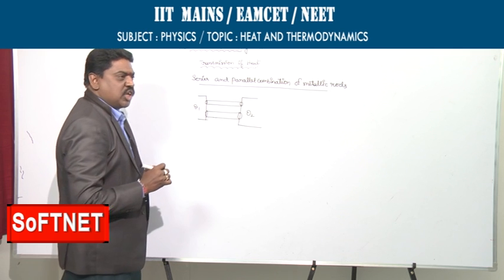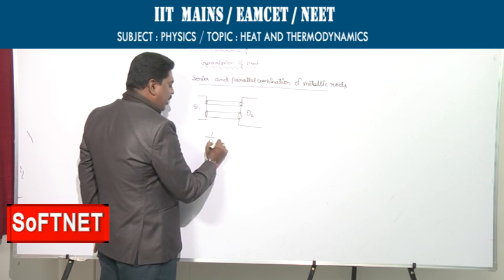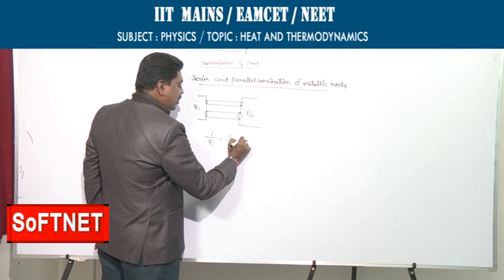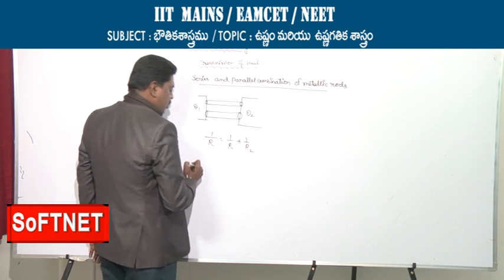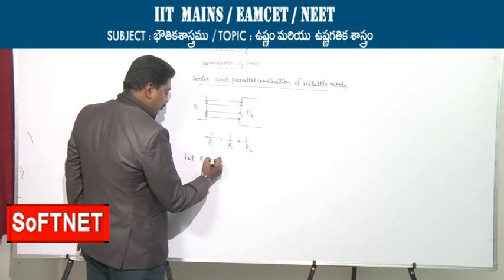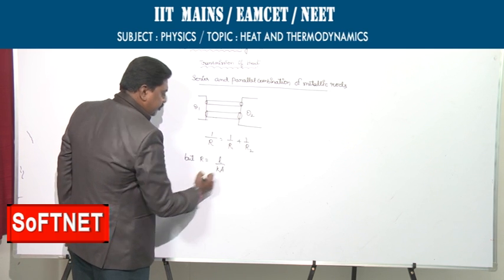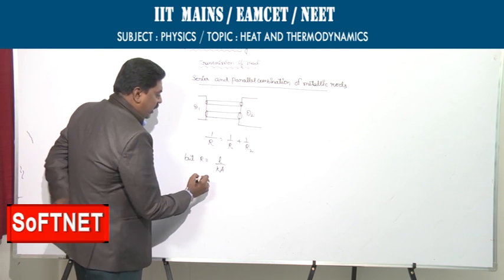In the parallel combination of rods, the effective resistance is given as 1 by R equals 1 by R1 plus 1 by R2, but R equals L by K A.